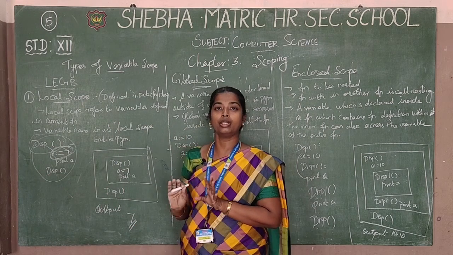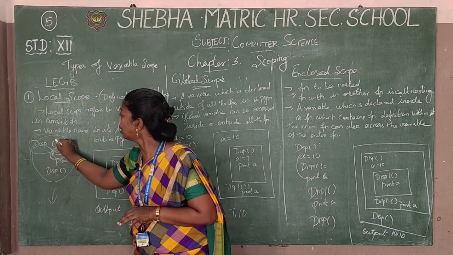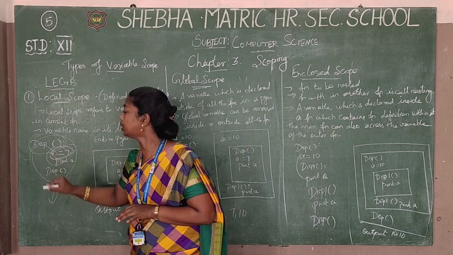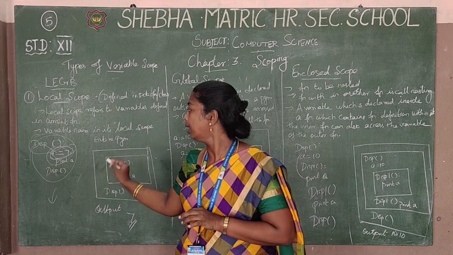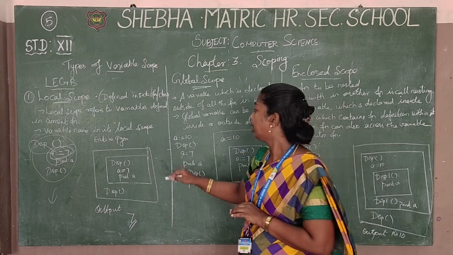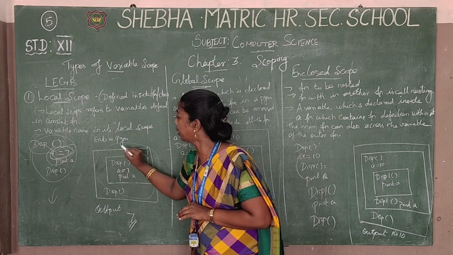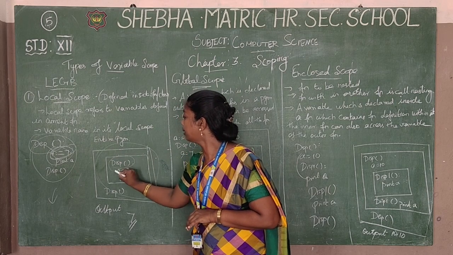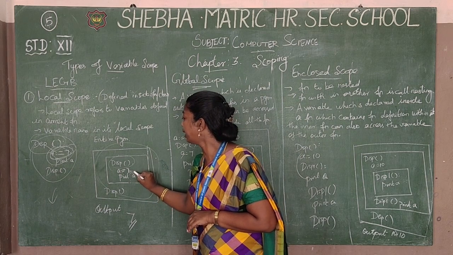this position only. In the outer program it cannot be used. Only inside this function can the variable be used. So it can use the local scope. The program would look like this: the entire program, function name display, A is equal to 5, print A. But which number is displayed? 7.